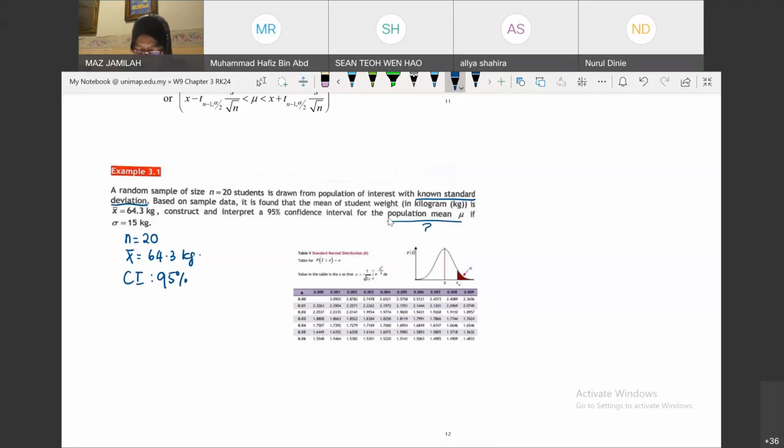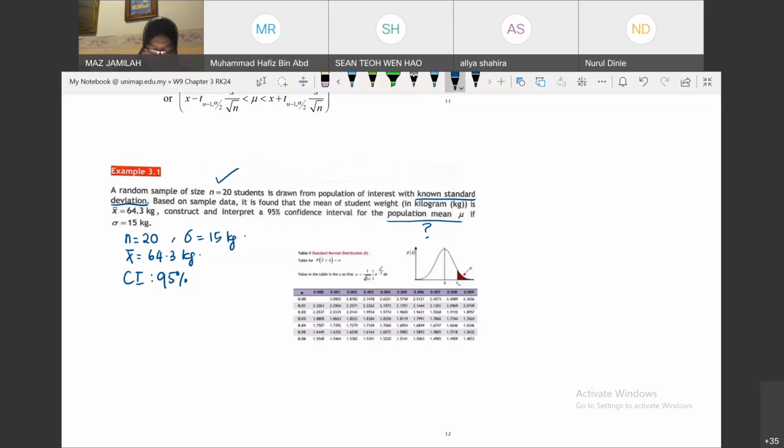Understand the question: this is what we are looking for. What is the population mean, by using the sample that you have drawn? And the known sigma is 15 kg. So these are all the information given in the question.